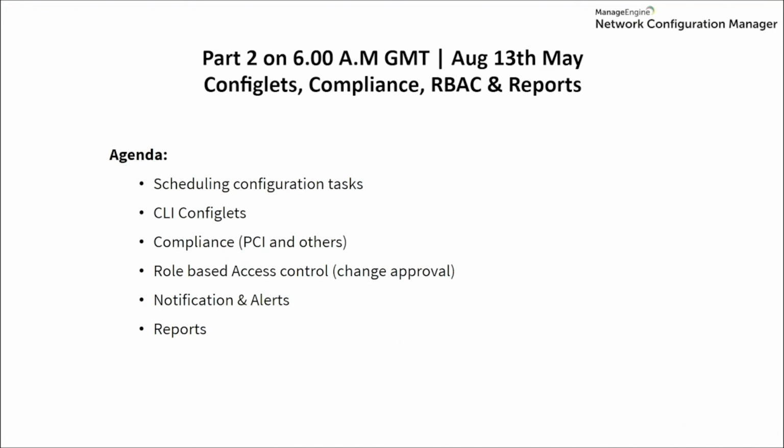We'll be talking a little more about role-based access control and how you can restrict access to different network devices in your network for various users. And finally, we'll be talking about the different types of reports and how they can help you with analysis, compliance, and also auditing purposes.